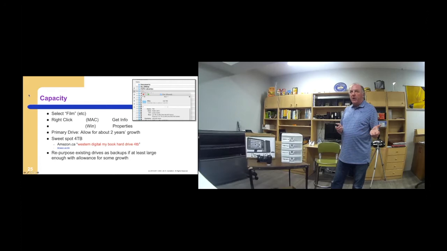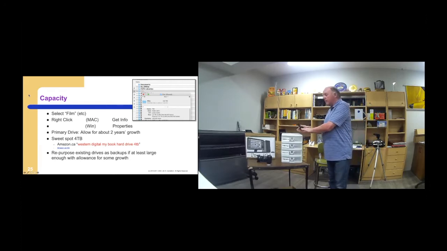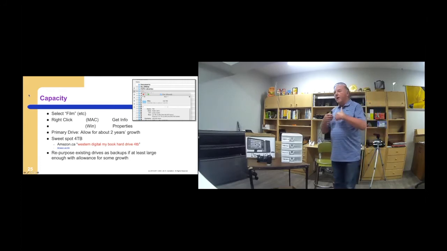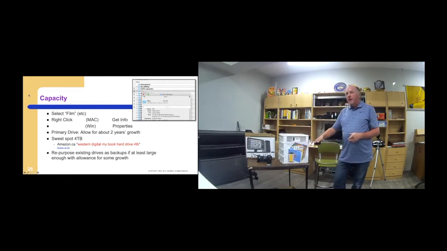Some people starting out might not need that much, but you do need to buy a drive that is large enough to hold all of your image assets. So how do you figure that out? The easiest way is to go into either Finder or Explorer and right-click on your top-level folder and do Get Info or Properties, and then be patient.